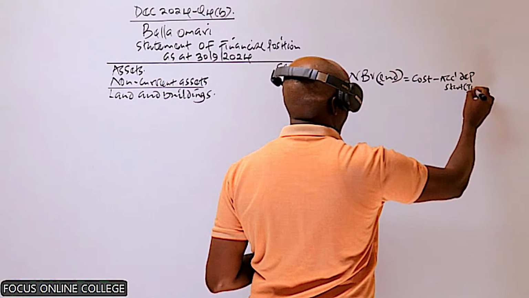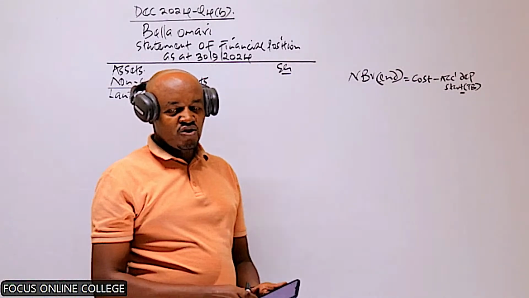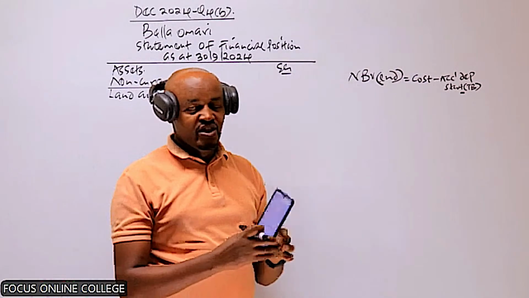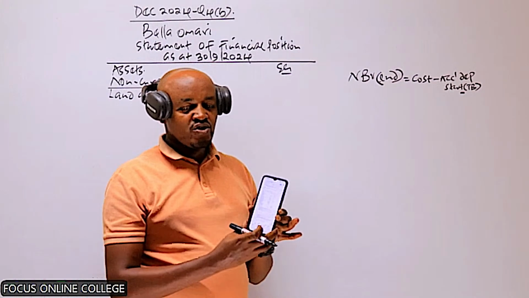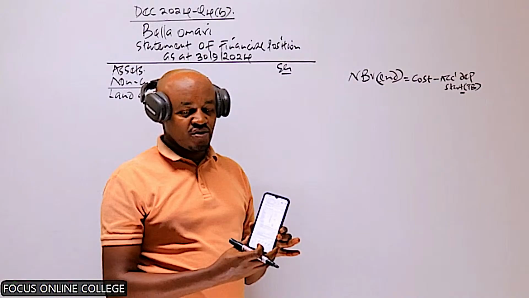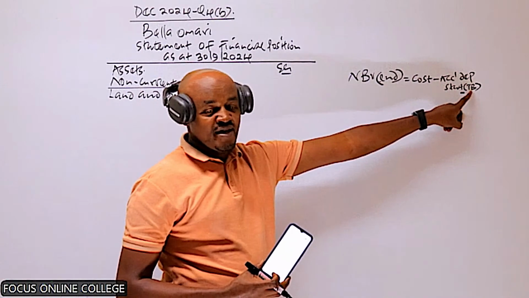And the accumulated depreciation of the asset at the start of the year are the accumulated depreciations which we have in the trial balance. If you check on the trial balance, the last items down there, you can see we have accumulated depreciations.